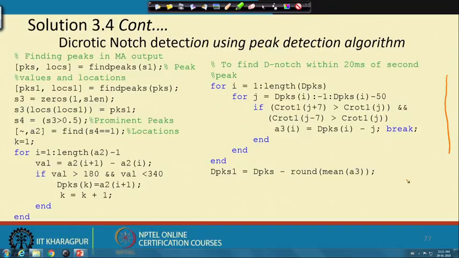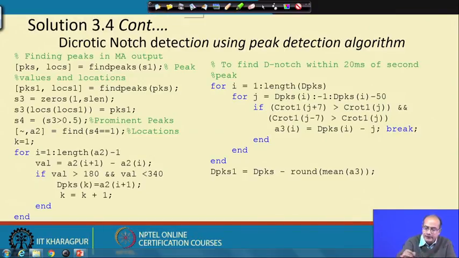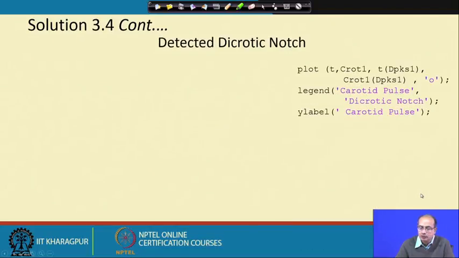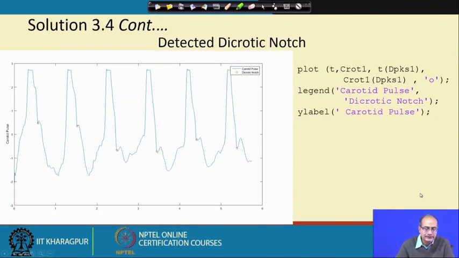So, we are trying to find the point where on both sides there are at least 7 points actually above that point. That way we would get not a local peak, but a prominent one. Okay. So, that is how the peak we get, and once we have the carotid pulse detected, we mark that here in this plot.